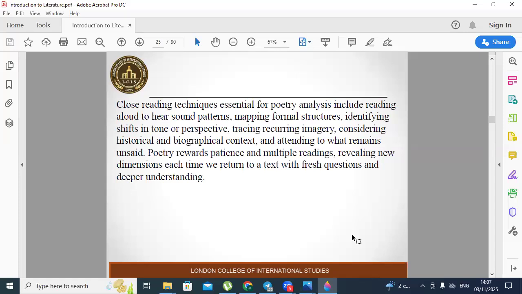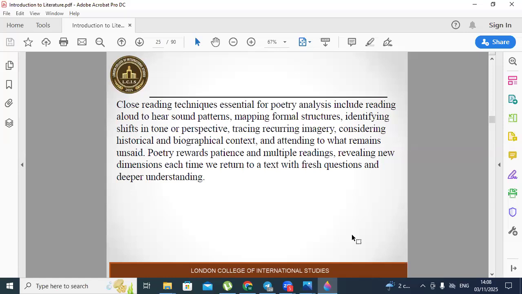Identifying shifts in tone and perspective. Many poems contain turns or shifts, moments where the tone changes or the perspective shifts. Finding these turning points is crucial for interpretation. Tracing recurring imagery: if the poet mentions roses in line 3 and again in line 15, that repetition matters.